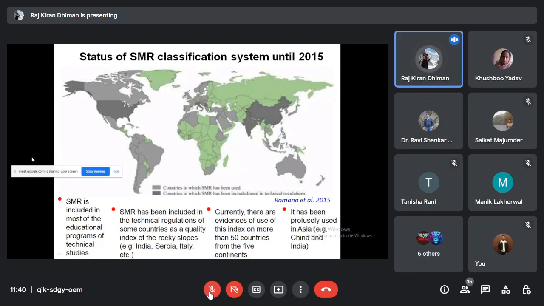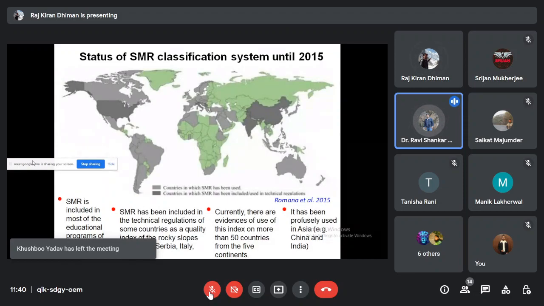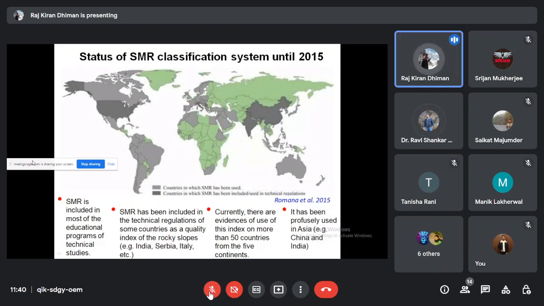Only hydro projects have a geology chapter, and they discuss the geology very extensively. But none of the national highway projects are considering the geology chapter. This is actually a problem. Once there is a mishap or some problem, this is the reason the highways are failing.